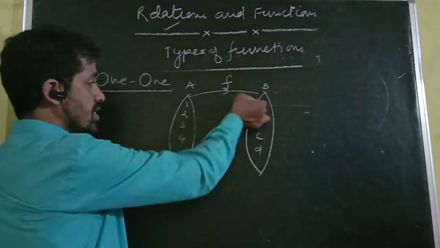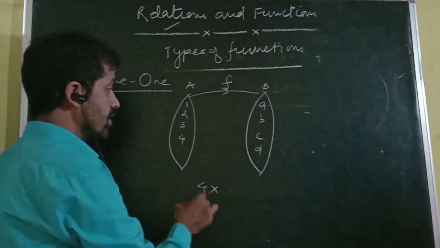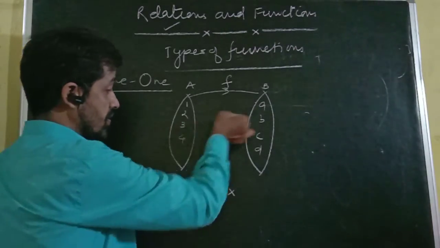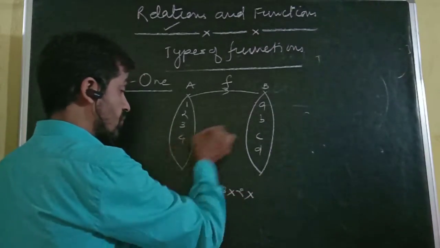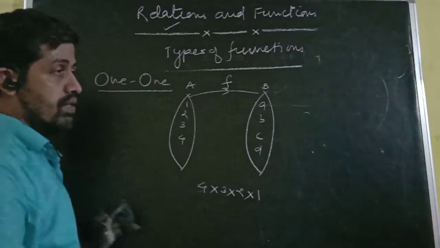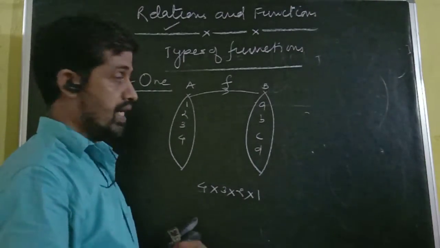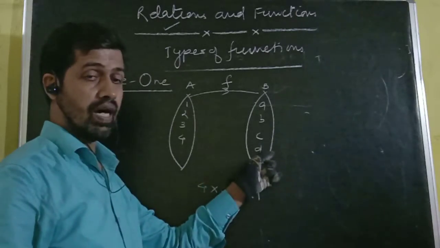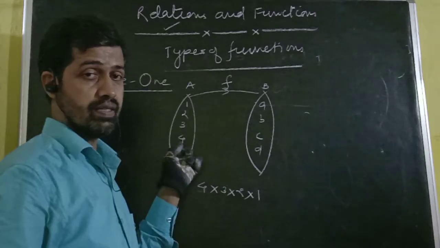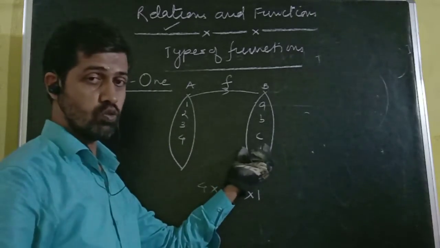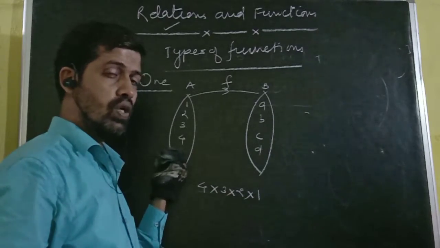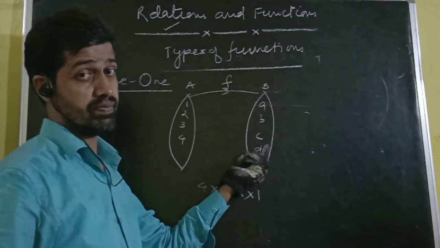So again 1 has 4 options, sorry to repeat. Then 2 has 3 options, then 3 has 2 options, and then 4 has 1 option. So keep it in mind that one-one functions can be defined when the number of elements in the codomain is either equal to the number of elements in the domain or more than that, then only.